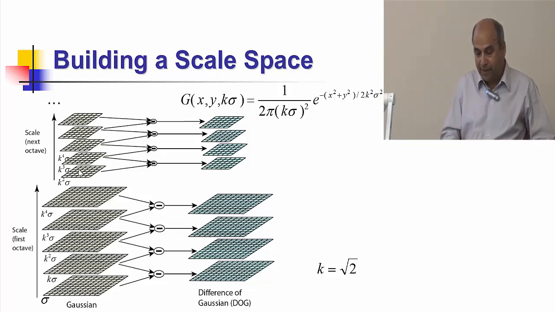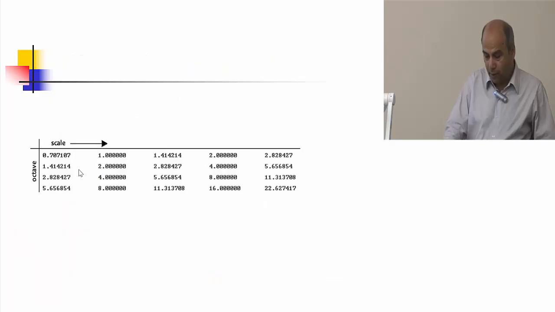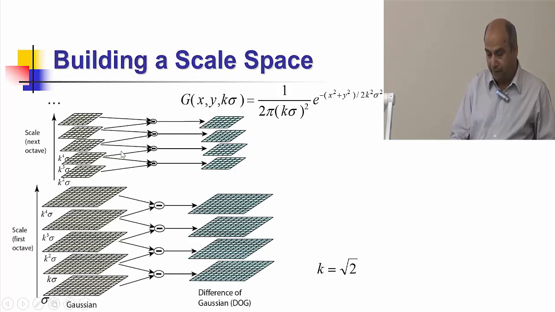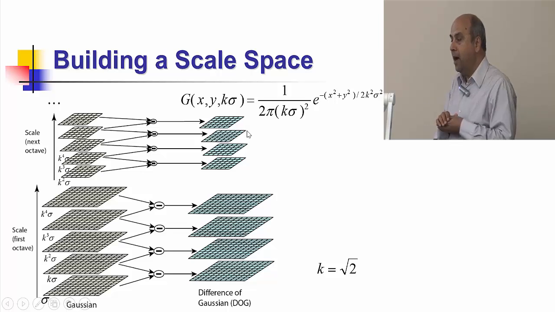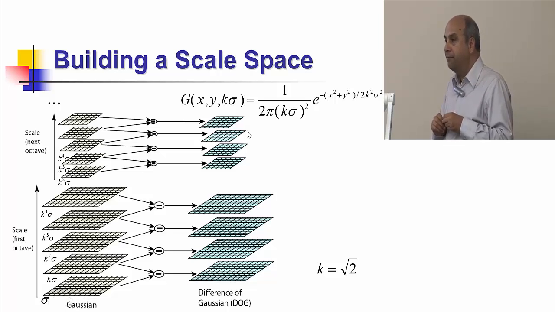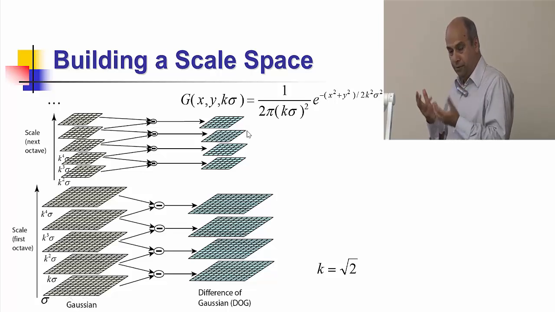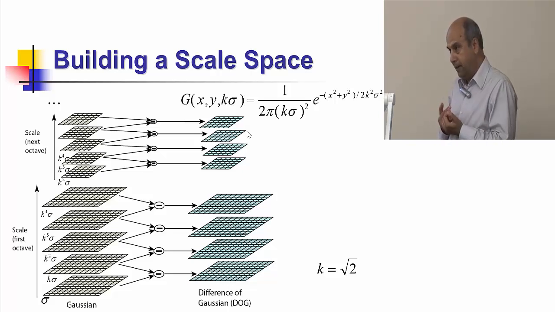Once we get this, we again find a difference: we apply one sigma value here, another sigma value, subtract, we get a difference of Gaussian, these two subtract, and so on. And that is the scale space of the image at different sigma values. And that's what you are going to actually implement in the program.